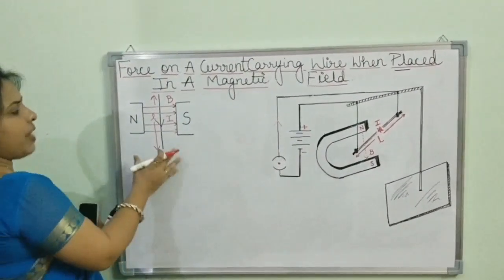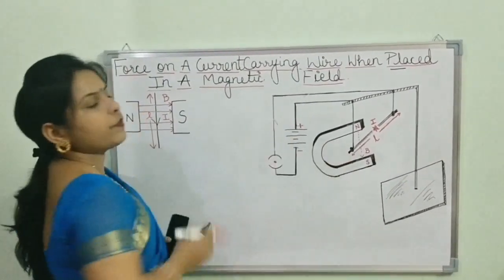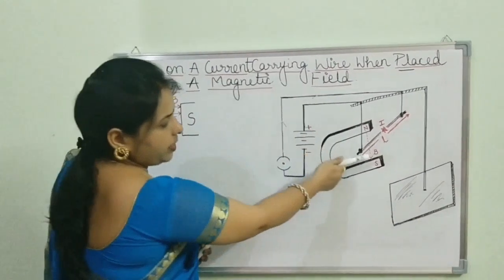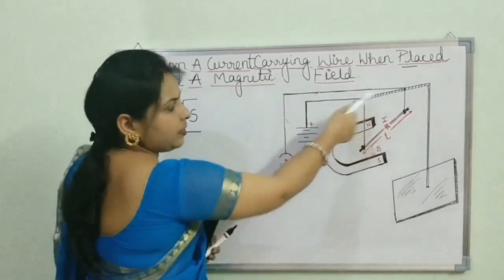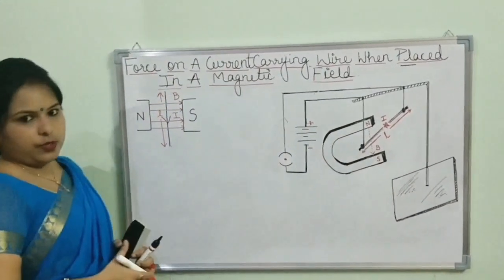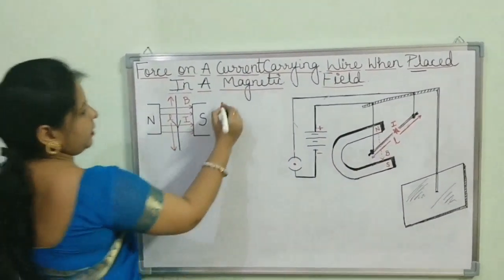First we will discuss the factors on which this force will be affected. Because here we are seeing that there is B, here is I, here is L. So these are the factors which will affect the force. How they will affect, let us study.